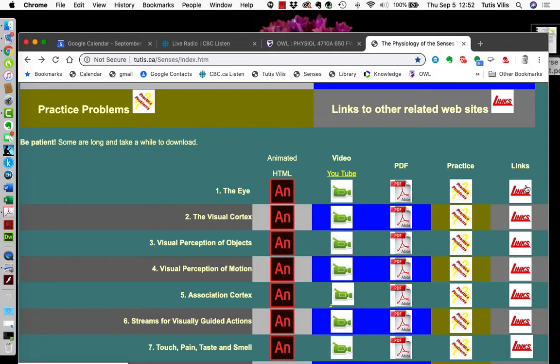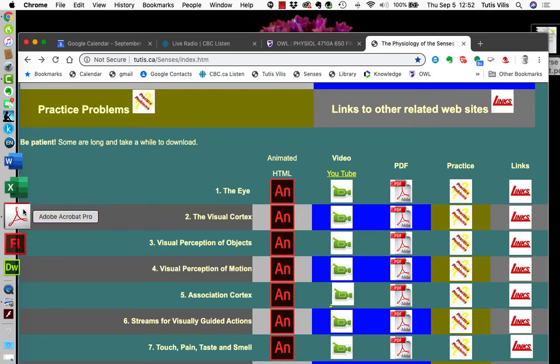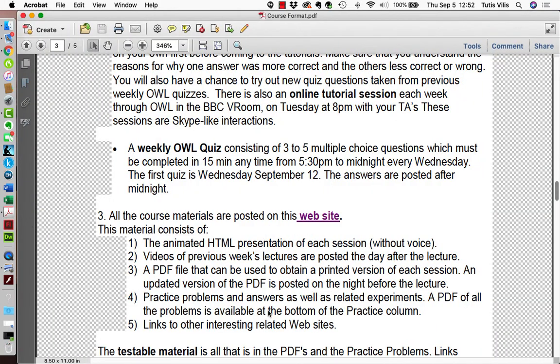And that's not on the exam. Okay, this is just for fun. So I mentioned the testable material is those 2 columns.